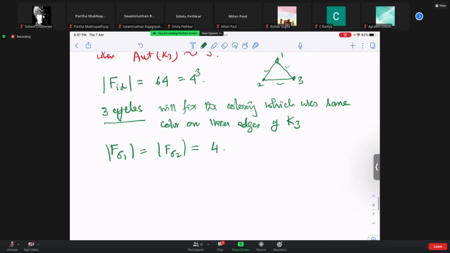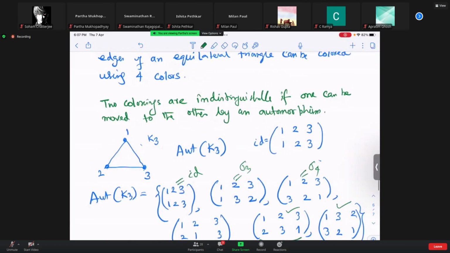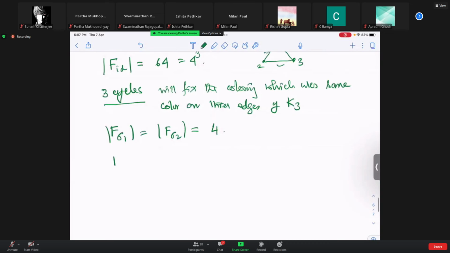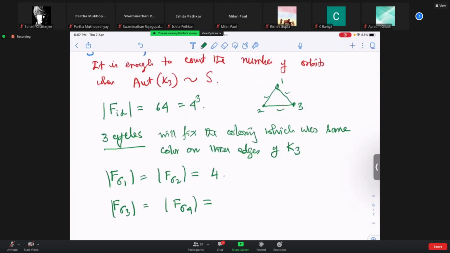And now let's look at what is the cardinality of f of sigma 3 and f of sigma 4. So they are like 2-cycles. Obviously, by symmetry, their number should be the same, but what is that number? Two edges have the same color and the other edge another color.